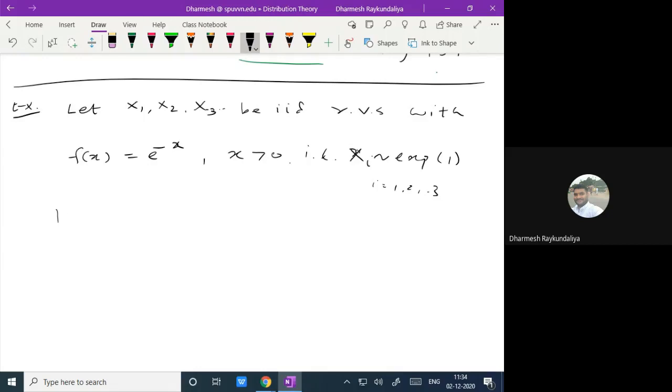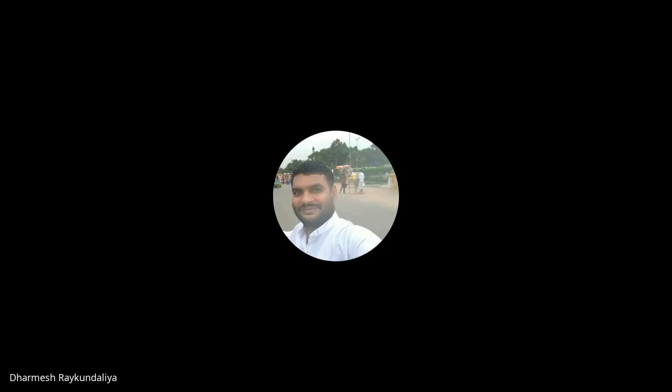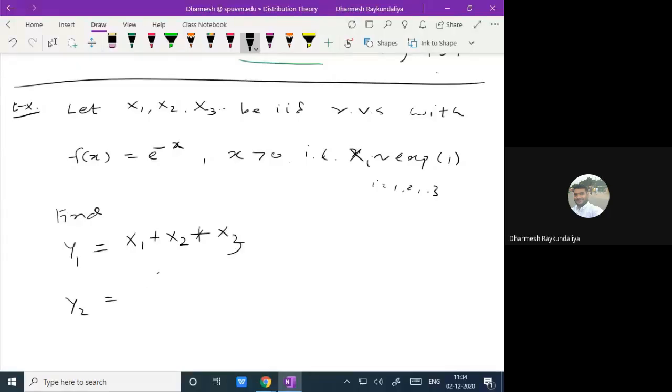Then find the density of y1 equal to x1 plus x2 plus x3, y2 equal to (x1 plus x2) upon (x1 plus x2 plus x3), and y3 equal to x1 upon x1 plus x2.